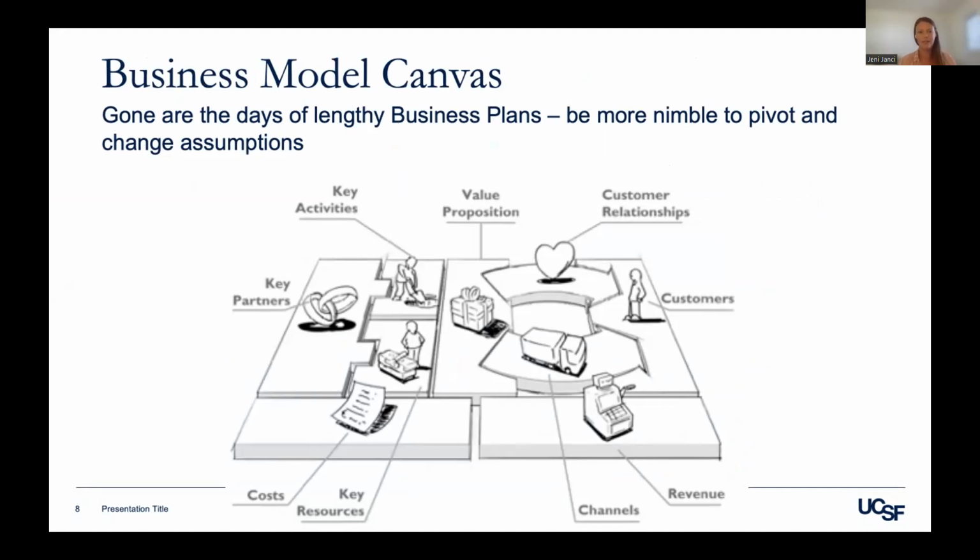Gone are the times of 30, 50 plus pages of business plans where you do all of this research and write down all these financials and put all these assumptions in on how you're going to be profitable and make money. And then people just set those aside and never change them. Of course, things are always evolving and you're always learning new things, especially through customer discovery. So to just write down the core ideas about what your business plan is really important. And now you can use this to pivot and change assumptions as you do more testing.